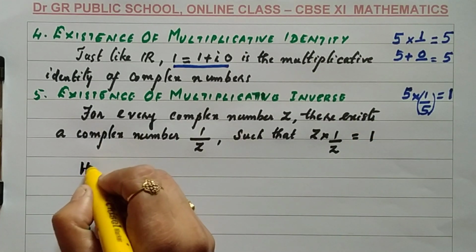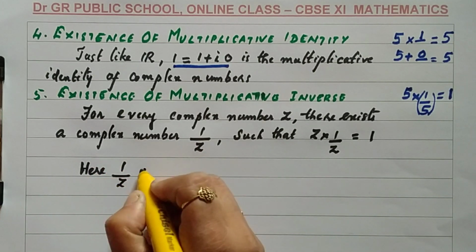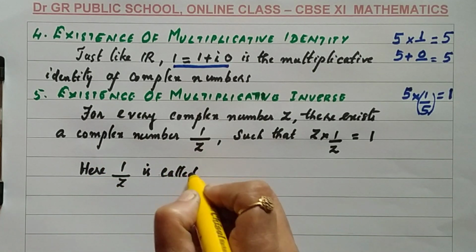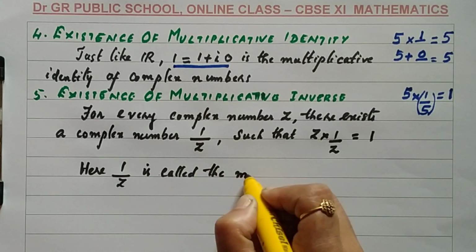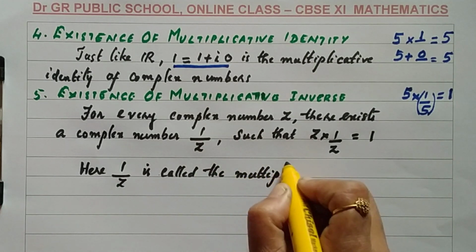So 1 by Z is called the multiplicative inverse.